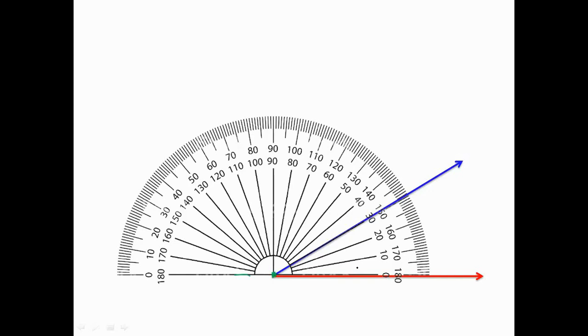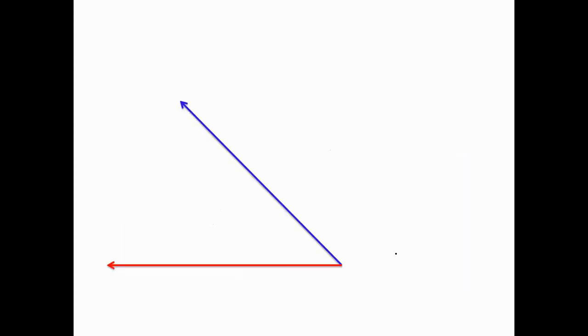should count from right. Whenever you measure anything, whether it is angle, length or weight, the starting point must always be 0. So count from 0: 0, 10, 20 and 30. So 30 degree is the angle between the two lines. Let's see the next example.